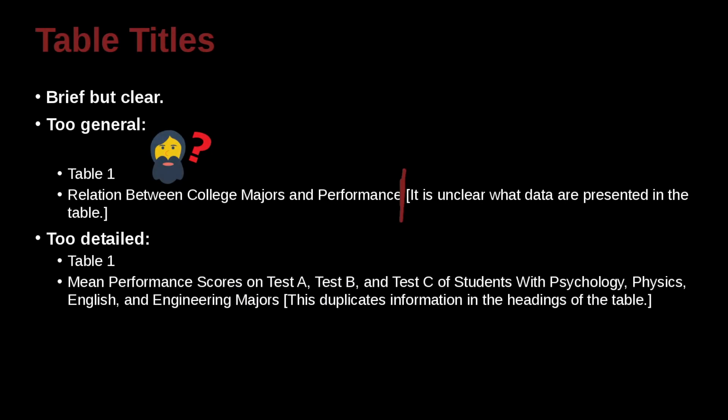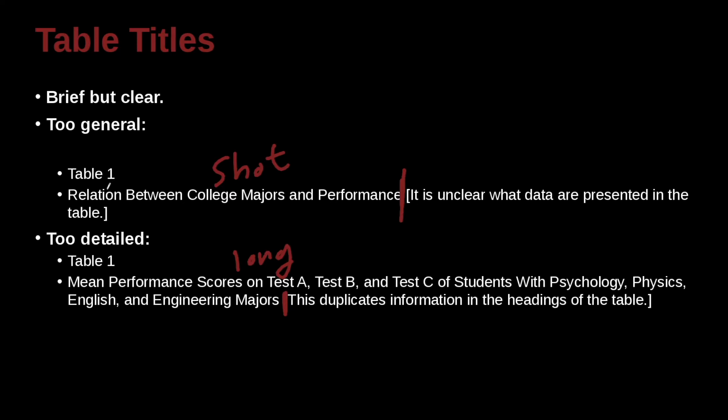Here's one that's a little bit too detailed. Mean performance scores on test A, test B, test C of students with psychology, physics, English, engineering majors. Ooh, there's a lot of majors. That's what they're doing. And just read it over to here. That's a note after that. So one is too short and one is too long.